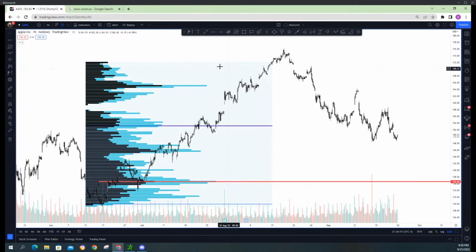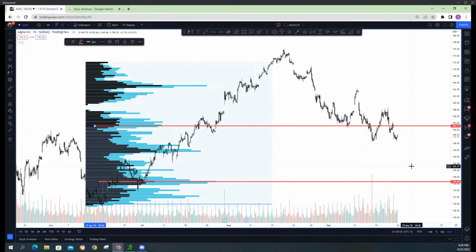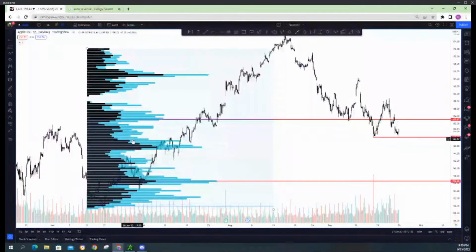The buyers will be around 136. So I would expect if it goes up to 153.17, this area here will be a nice short if we decide to run. And then here you have a nice double bottom as well. So below 148.37, you have a nice shelf building up.